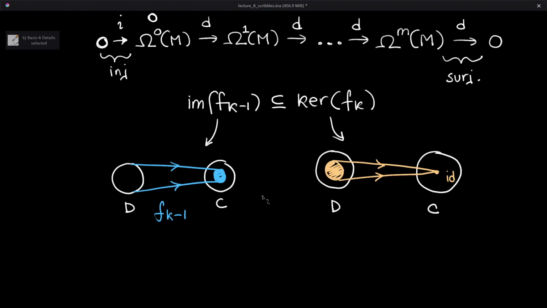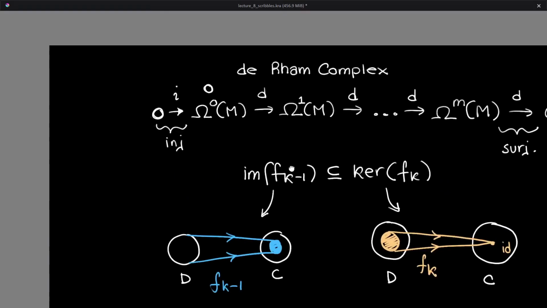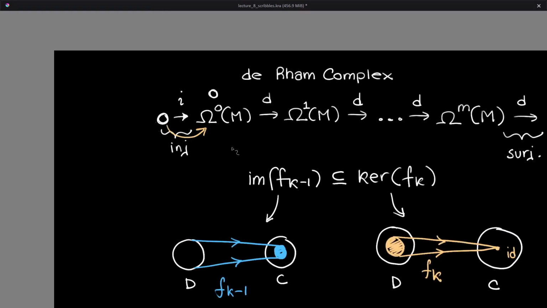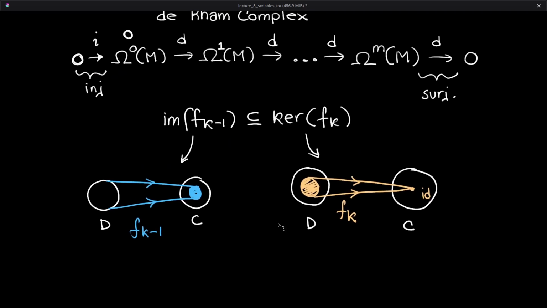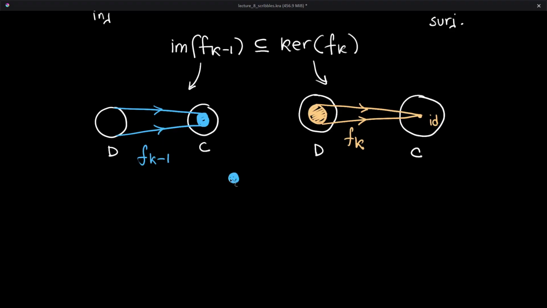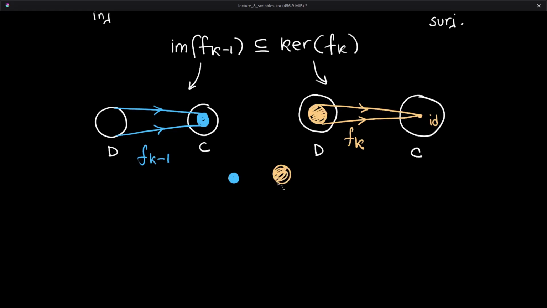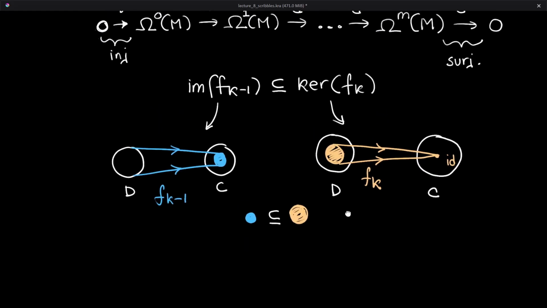So we're saying that the image of each f_{k-1} has to map into a subset or the entirety of this. So this blue part and this yellow part, this has to be a subset or equal to this.